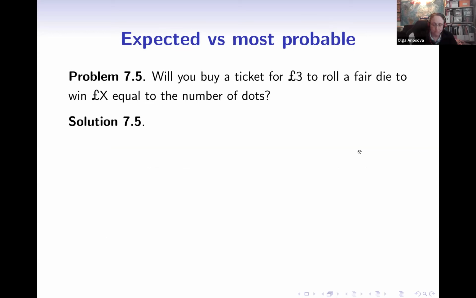Yes or no? So you can win the number of dots, which means that you can win 6, but you can win 1, which means that it's not a stupid question.